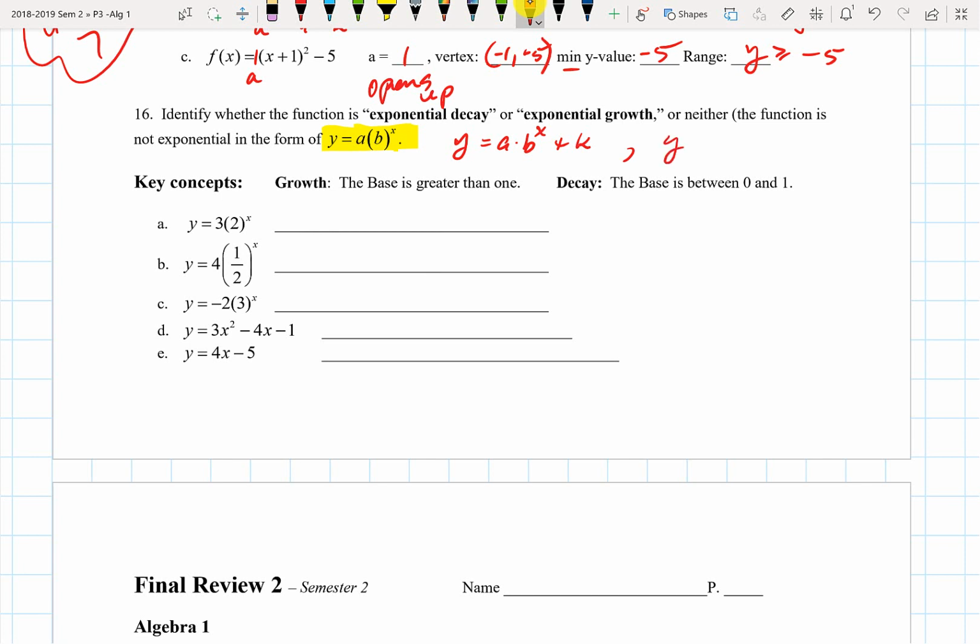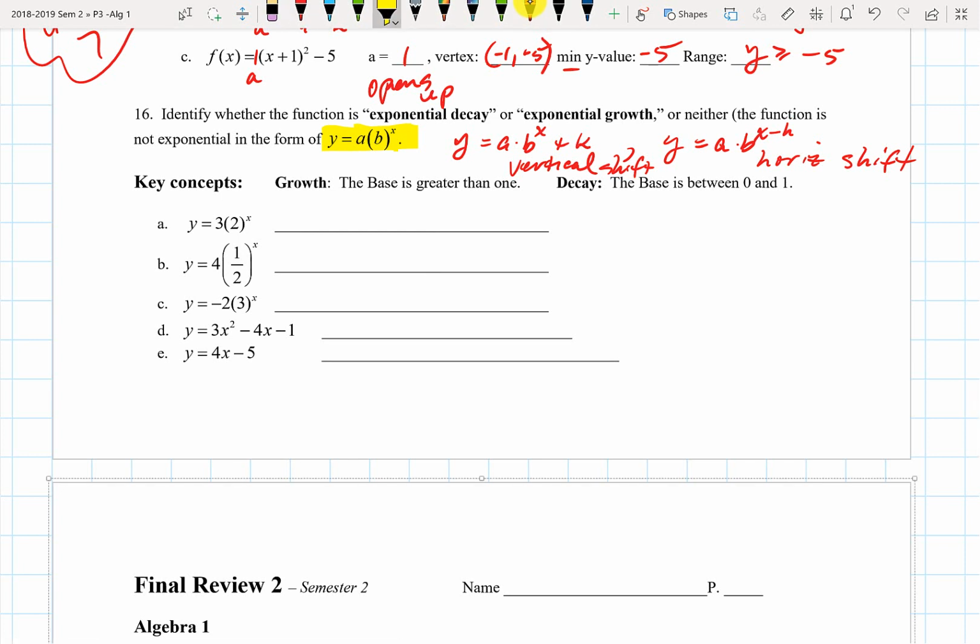The other one was y equals a times b to the x minus h, because we talked about shifts. This was a vertical shift, and this is a horizontal shift. If you look in your lessons in that unit, you'll see we talked about those. But let's go over some basics here.